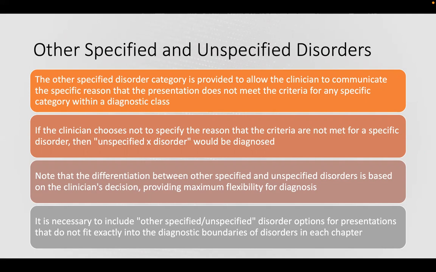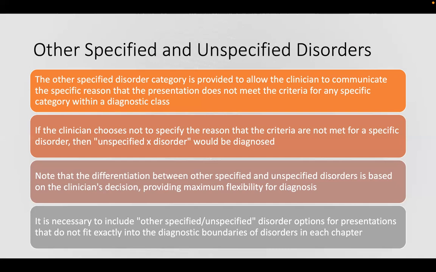It can be an assessment along the way where you are trying to maybe help future clinicians or help your future self or help the client to understand and have that in writing, help insurance companies understand why you chose the diagnosis that you did. And then you can also choose to not specify the reason that the criteria are not met for a specific disorder. So then you would have unspecified anxiety disorder, unspecified depressive disorder that would be diagnosed.